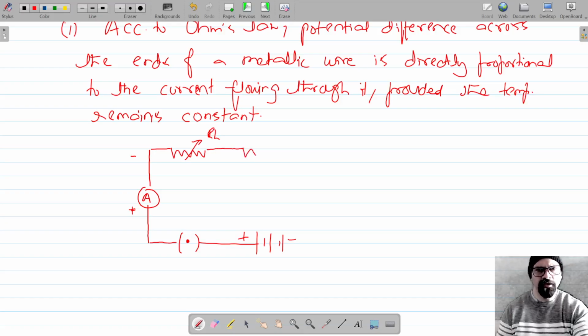Let this be a device across, the resistance or the load resistance, the device across which we will get the output. So let this be the potential difference.